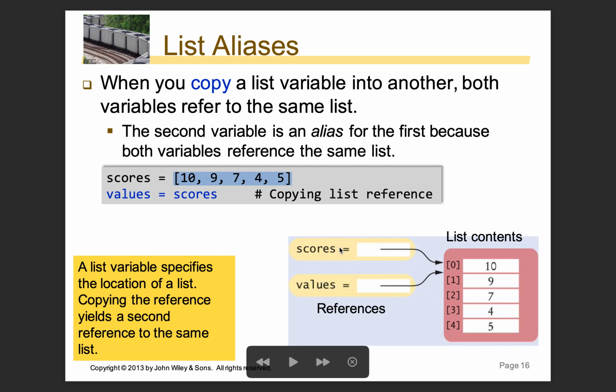So now both scores and values have the same reference, so they lead you to the same list, that same contents in memory. Okay, so a list variable specifies the location of a list. Copying the reference yields a second reference to the same list.